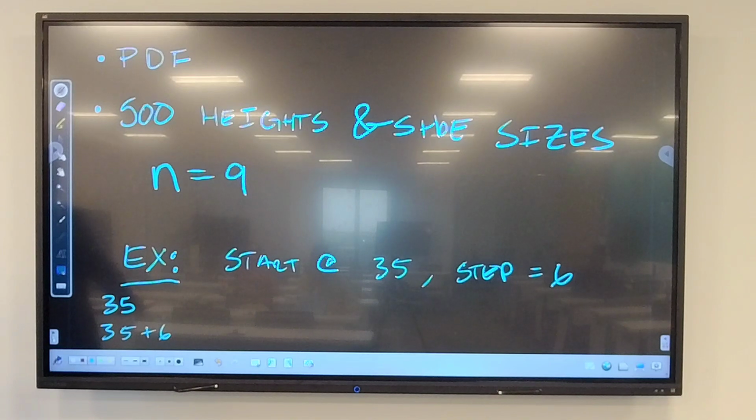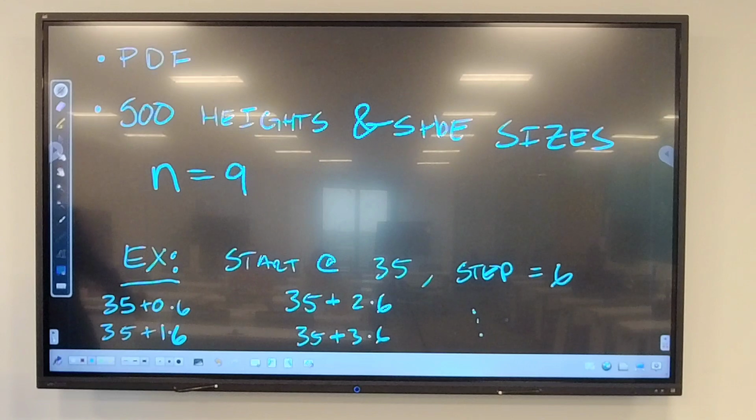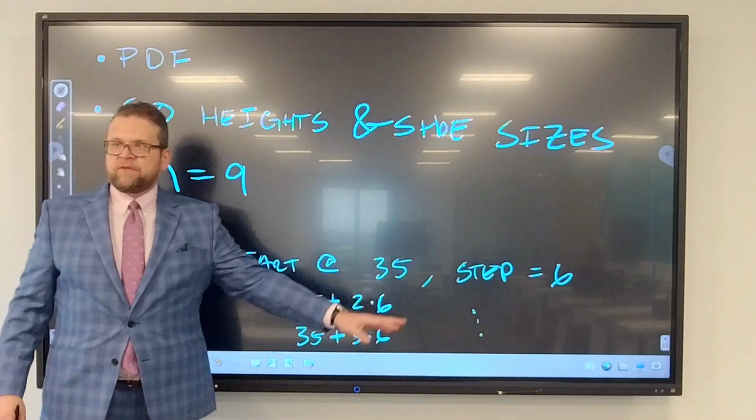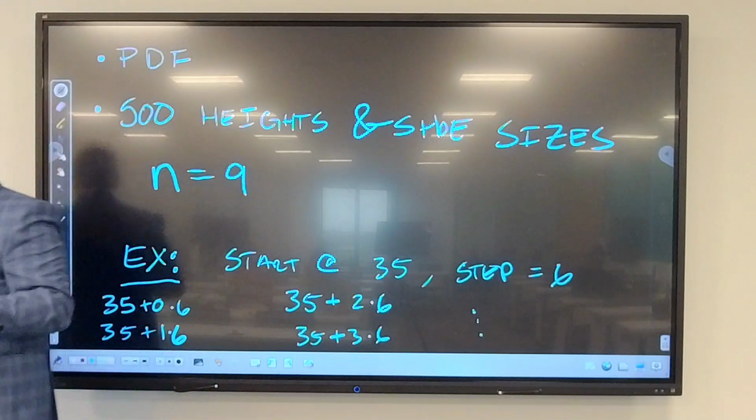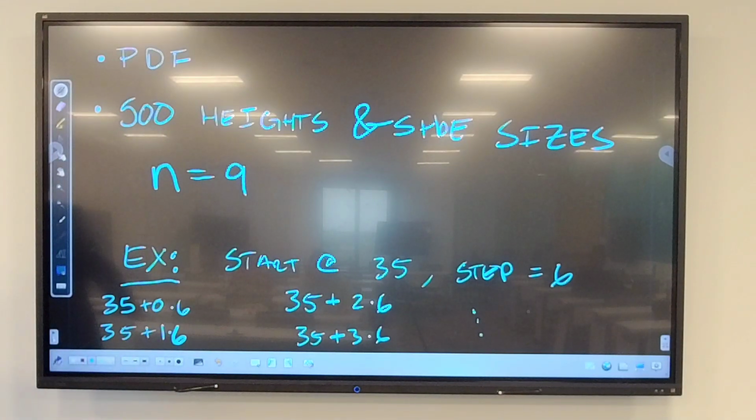And then the next one is 35 plus 2 times 6. And then 35 plus 3 times 6. And if I'm going to do it like that, then this was really 1 times 6, and this one was 0 times 6. Well, then now I can easily know where I should stop, because it goes 0, 1, 2, 3, 4, 5, 6, 7, 8. And by the time I get to 8, well, that's the 9th one. So I'll just keep on going until I get to 35 plus 8 times 6.